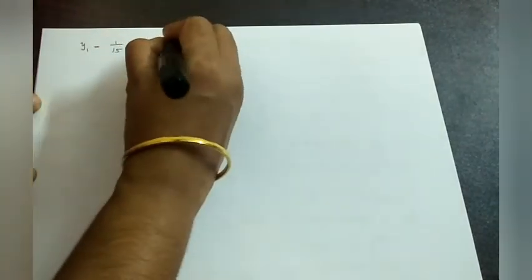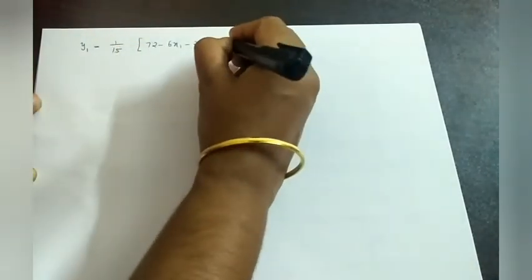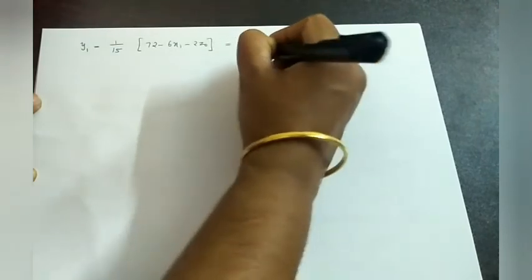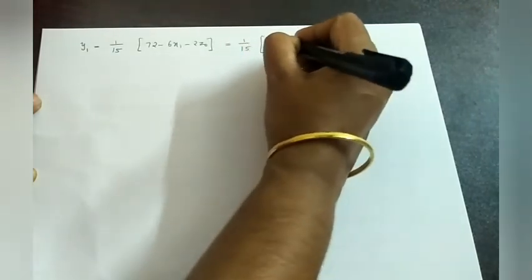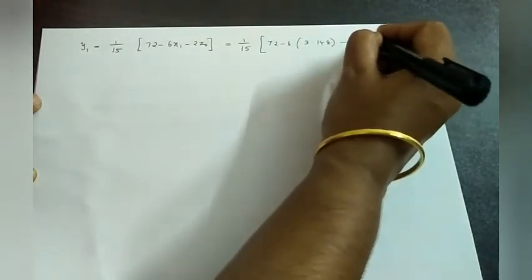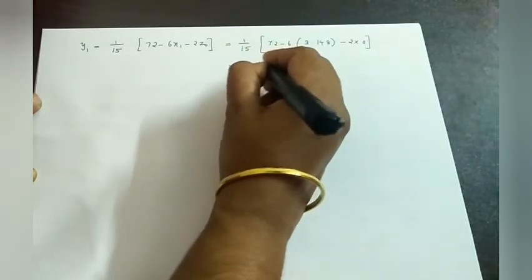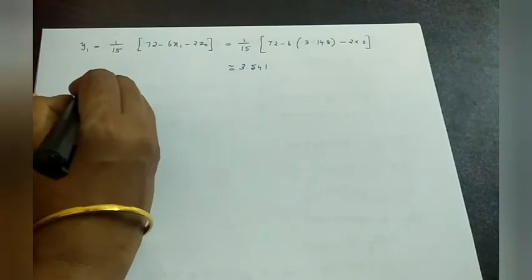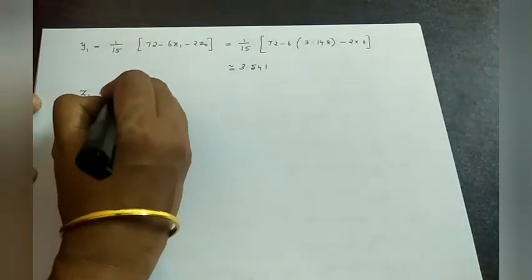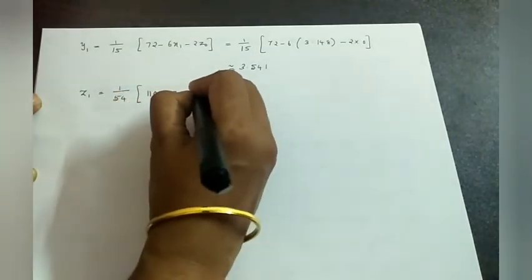The value of y1 is 1/15 (72 - 6x1 - 2z0). It is equal to 1/15 (72 - 6 times 3.148 - 2 times 0). It is approximately equal to 3.541. Now the value of z1 is 1/54 (110 - x1 - y1).